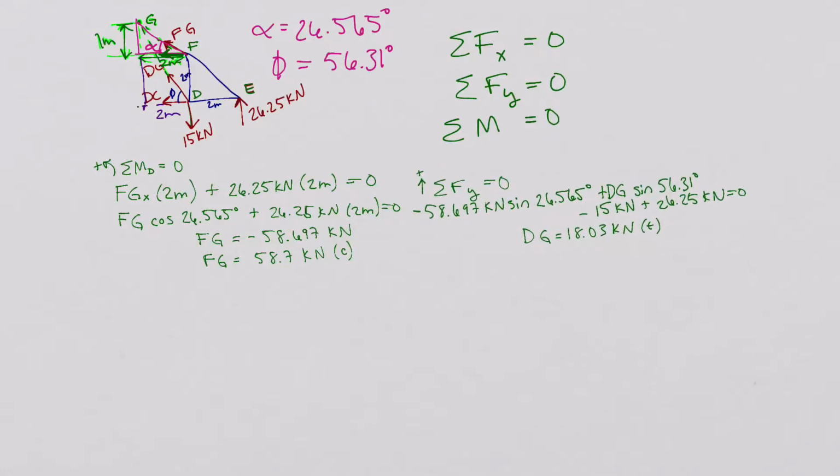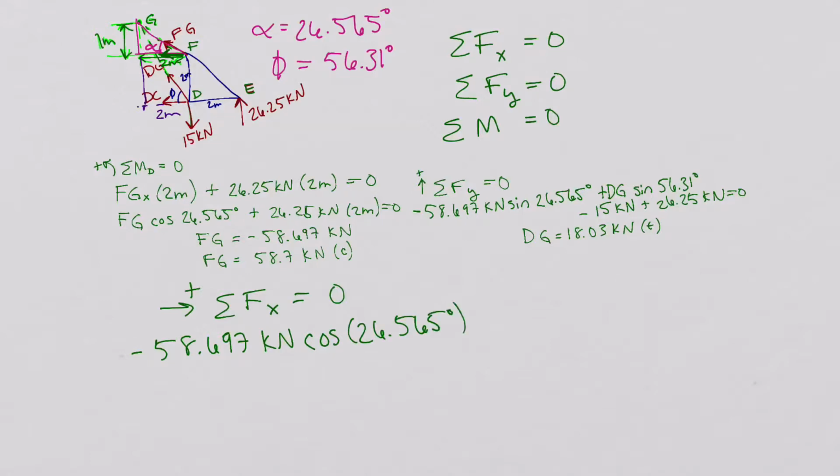So now we have our last one, which you could guess is the sum of the forces in the x direction equals 0. And let's do right as positive. So with this, we have that x component of the FG. So that's negative 58.697 kilonewtons, and that would be cosine of that 26.565 degrees.